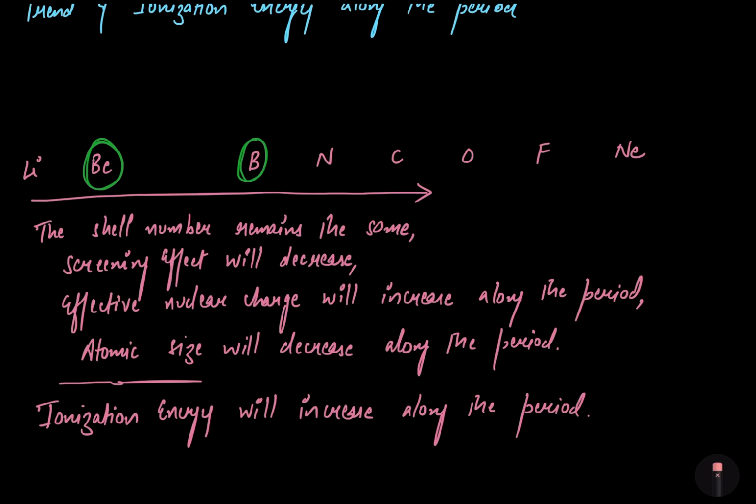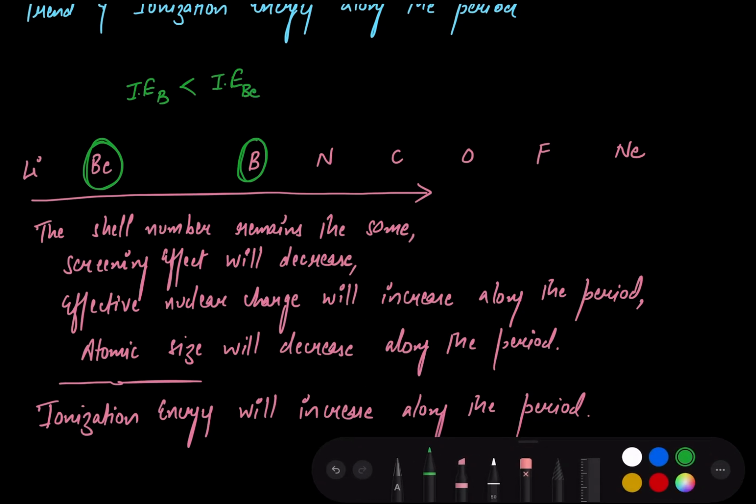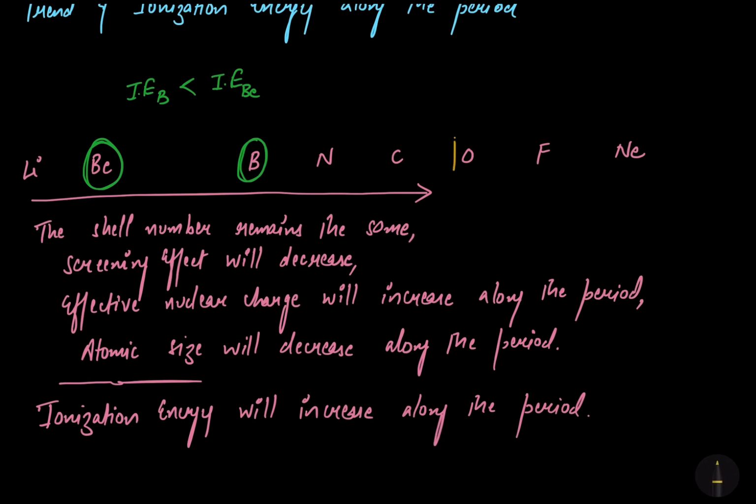The ionization energy of boron is lesser than that of beryllium, and on the other hand, the ionization energy of oxygen is lower than that of nitrogen.